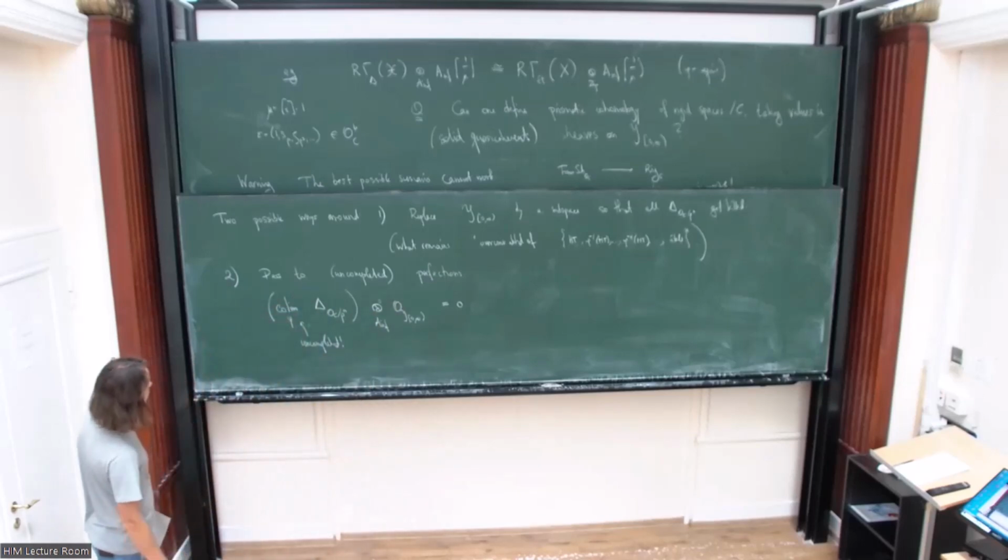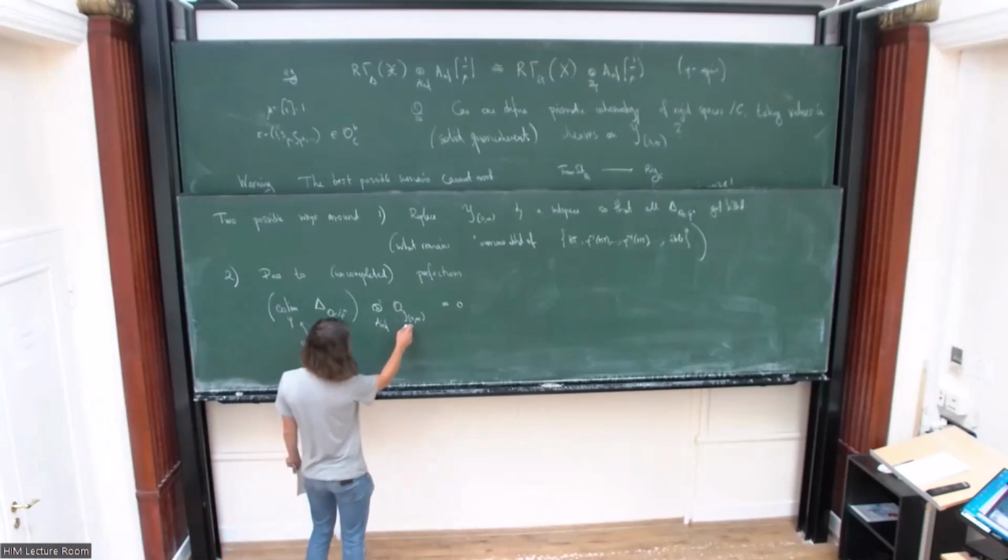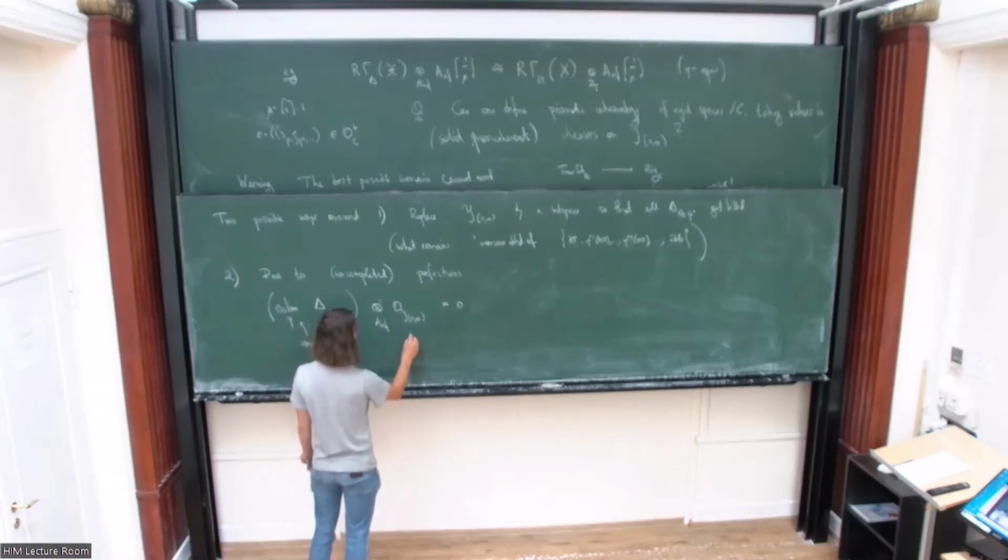Basically, the point is that for Y_0 infinity to be 0, it's enough to show that for all n, it becomes 0.